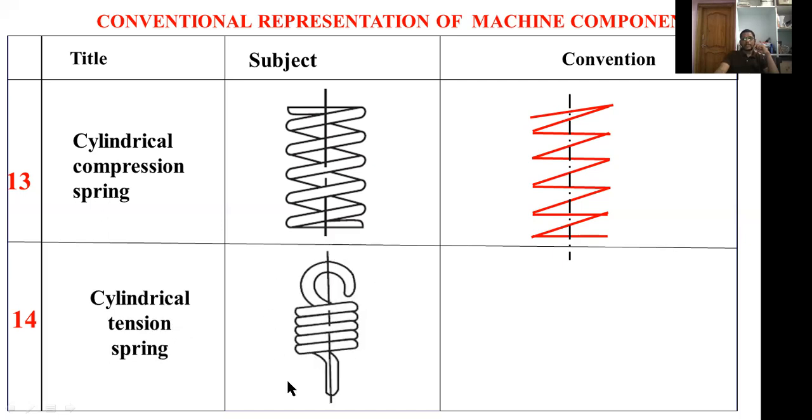This is the actual diagram, but for saving our time, I am drawing in a simple way. Now I am drawing this arc for carrying the tensile loads. This represents a hook. These hooks are useful to carry tensile loads.